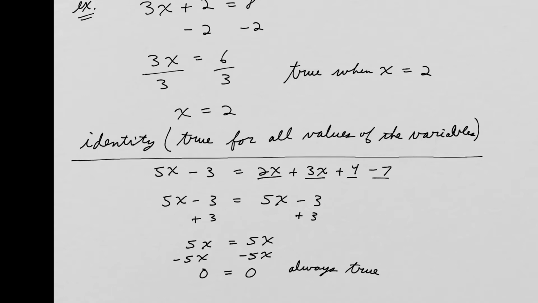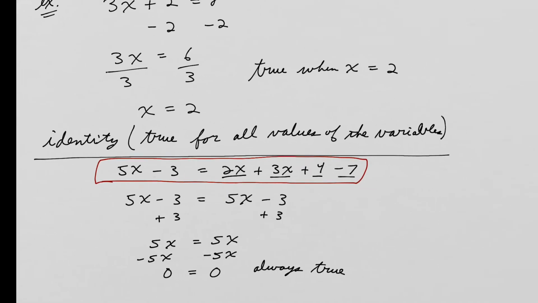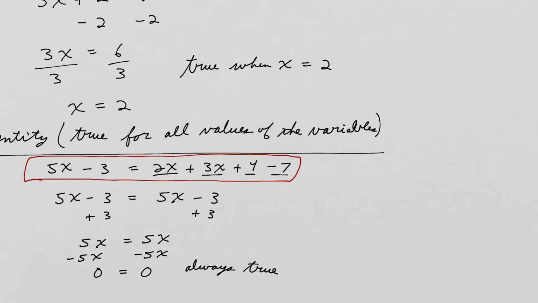So what this means is that in the original equation, if we go back to the one we started with, any value of x will make that equation true. That's what it's saying when it's an identity. So let me write that down here: any value of x will make this equation true.